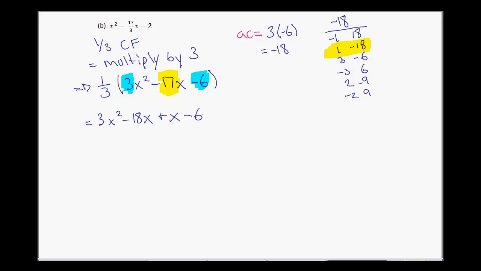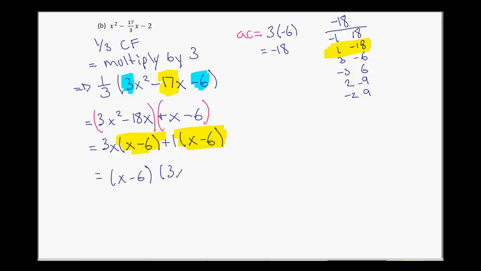We can go ahead now and include those factors into our expression by going 3x squared minus 18x plus x minus 6. So now I'm going to go ahead and split the equation like I did before, and we'll find that we can factor a 3x out of this, and we're left with x minus 6. And this one, we can only factor out a 1 and being left with x minus 6. Our binomials are the same, hence our factors are going to be x minus 6 and whatever's left over, which is 3x plus 1.